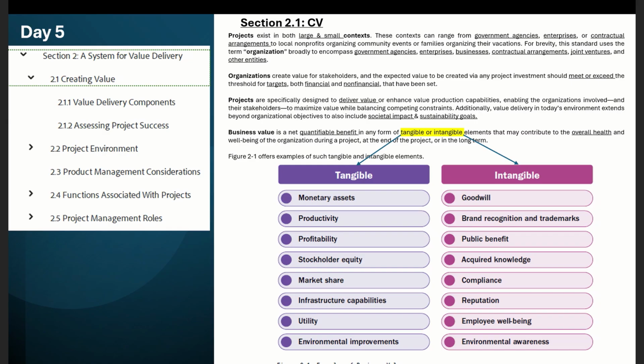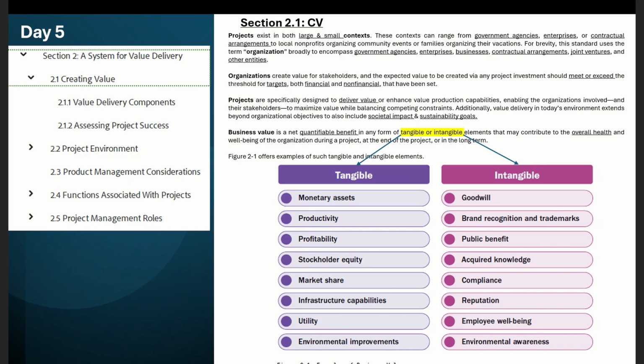What happened in this section? When we review this section, you can find the most important point regarding why we have to do a project. A project exists in both large and small concepts, but the most important is inside the organization. Projects are always designed to provide value, and this value can sometimes be tangible or intangible.